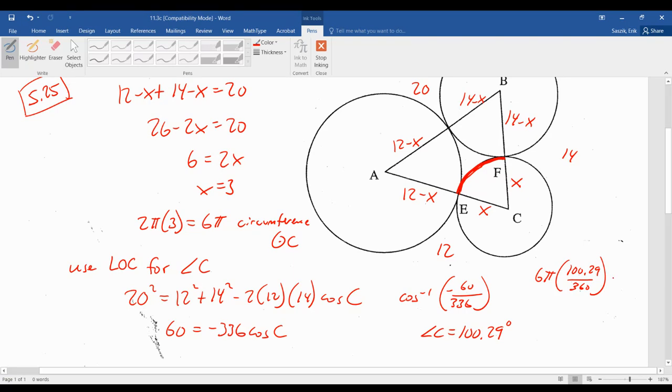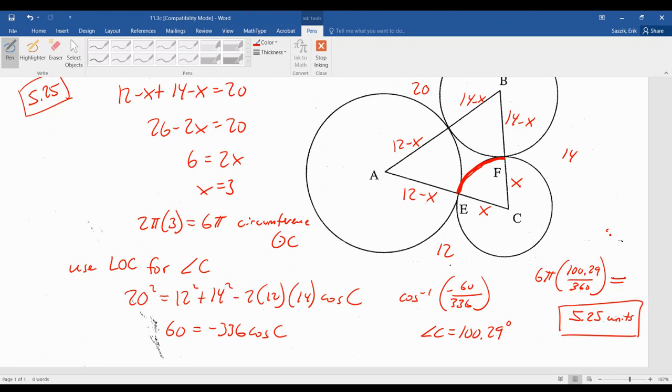And this will end up giving us 5.25 units. I did it all in decimals just because you had to use trig and you got some messy stuff there. So I multiplied the pi out. So that's how you get 5.25. All right.